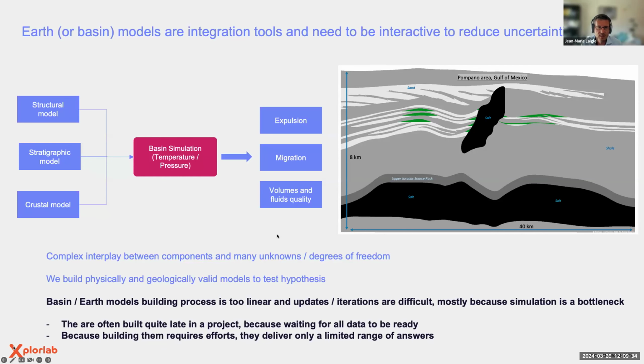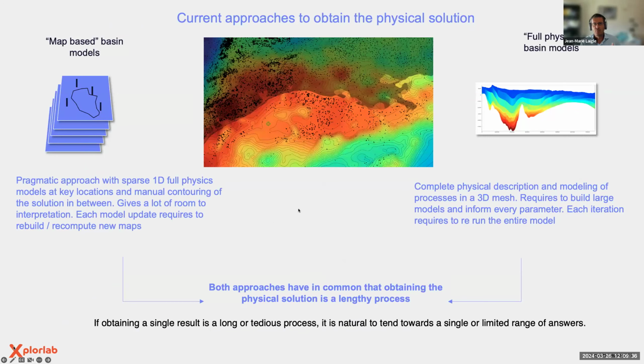So how do we improve on this? The current approach is to obtain the physical solution for a geological model. I mean, there are two categories. They have their advantages, their drawbacks, their supporters, and their critics; I'm just exposing here the approaches and the strategies.